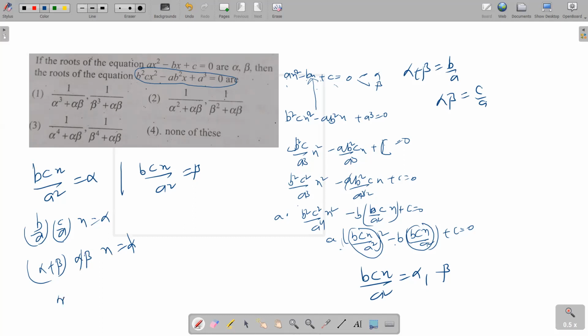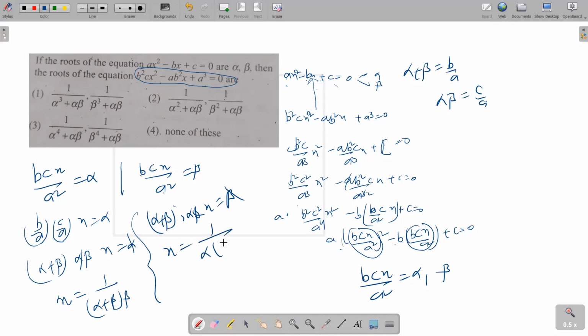The minus signs cancel. So b by a alpha plus beta, c by a alpha into x equal to beta, beta cancels. So x is 1 upon alpha into alpha plus beta. So this is the first root, this is the second root.